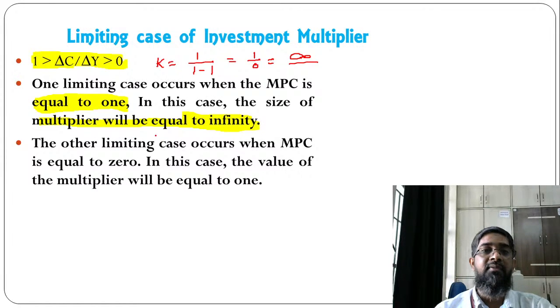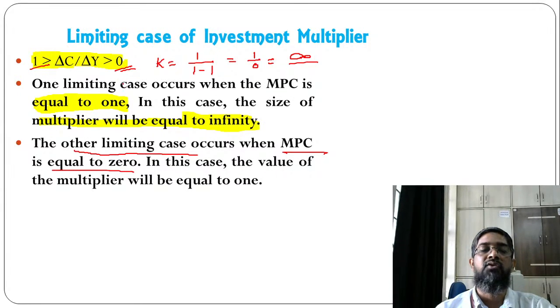And the second limiting case is the value of MPC equal to 0. This is our other limit; one limit is 1, and this 0 is the other limit. So the value of MPC is between 1 and 0. When it is 0, the value of the multiplier will be equal to 1.